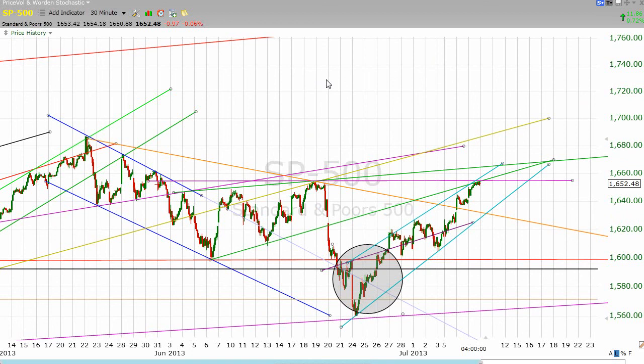So let's keep an open mind. I believe this line, if we do come down and then we come back to it, that would be a great thing to have happen, because that would really put us in a position to play a move that would probably equal about 7% in the S&P.